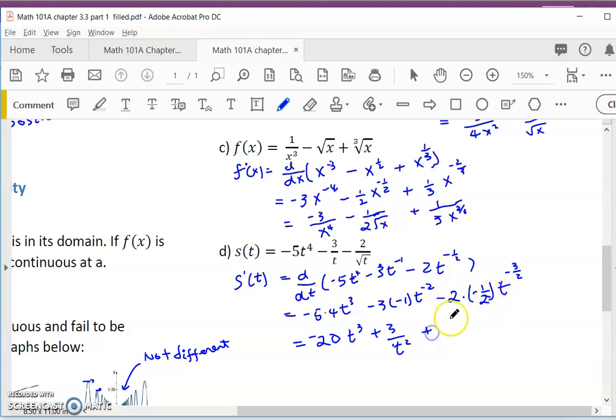So plus 1 over, because it's negative, t to the 3 over 2. Now 3 over 2 is not the same as 2 over 3. So this part you can rewrite as 1 over t times square root of t, because this is 1/2 and this is 1. 3 over 2 means 1.5. So that's the final answer.